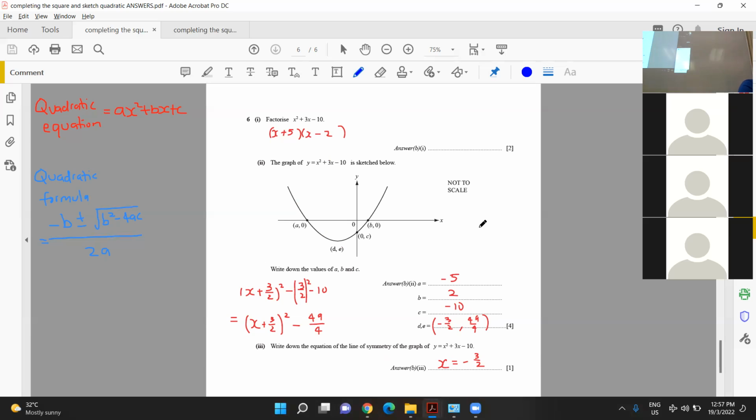Negative b, so here negative b plus minus the square root of b squared minus 4ac over 2a. You can ask. Is that the minimum as you change this?